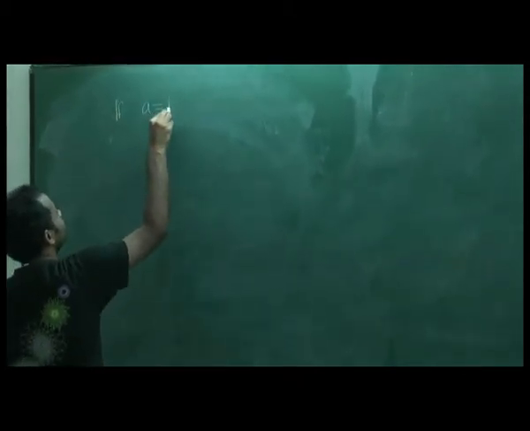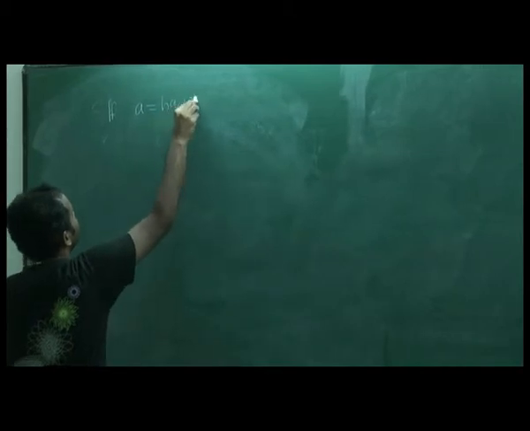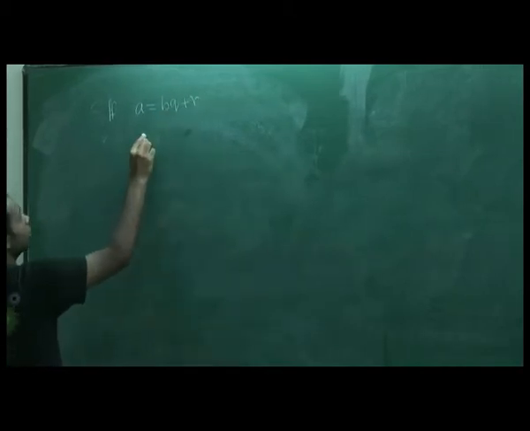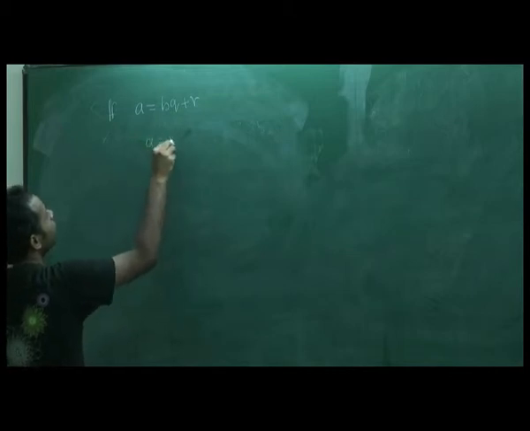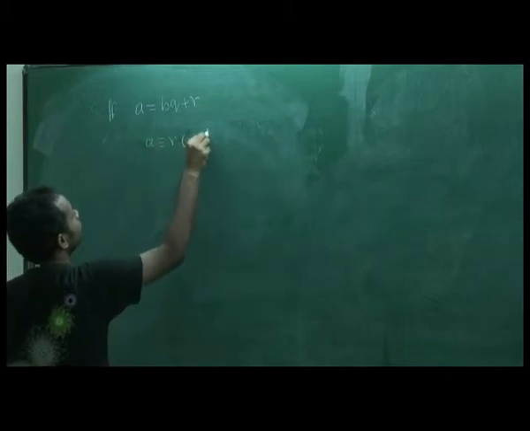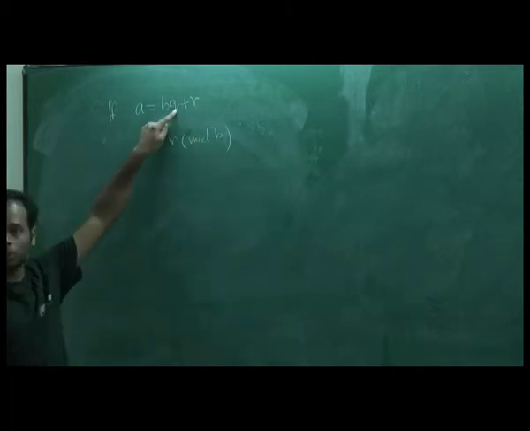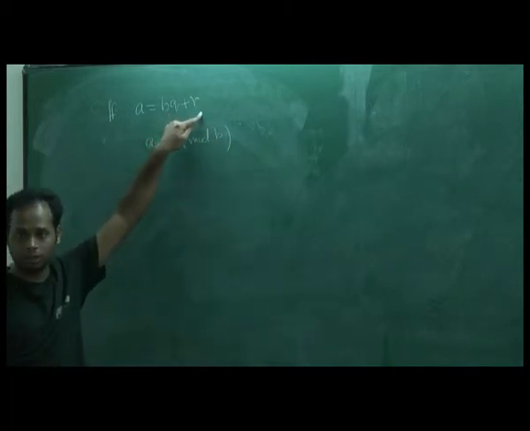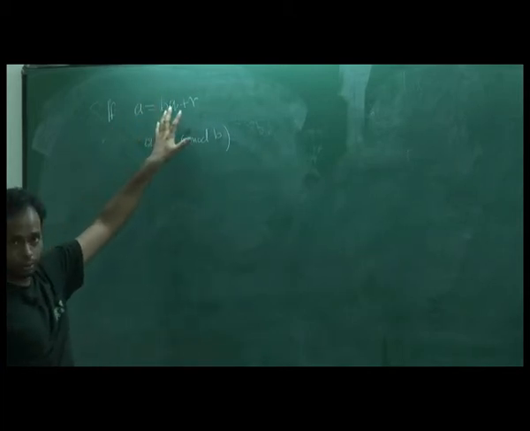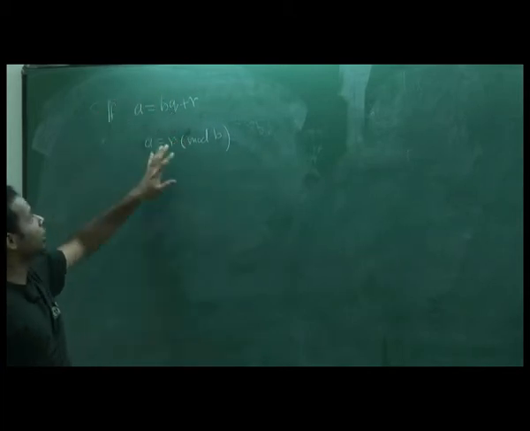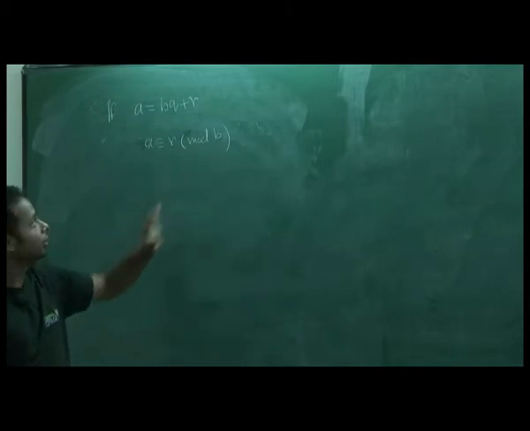So if a is equal to bq plus r, then we can write a is congruent to r mod b. Here q need not be the quotient, r need not be the remainder. This is for any q and r. If this equation holds, then I can write a is congruent to r mod b.